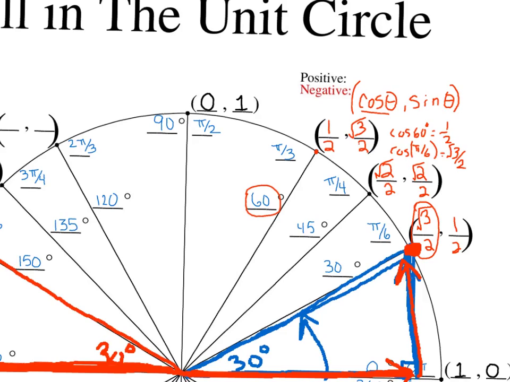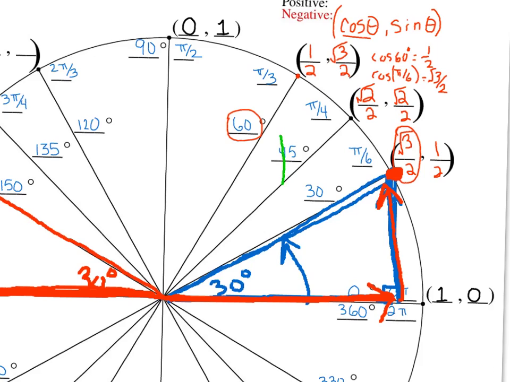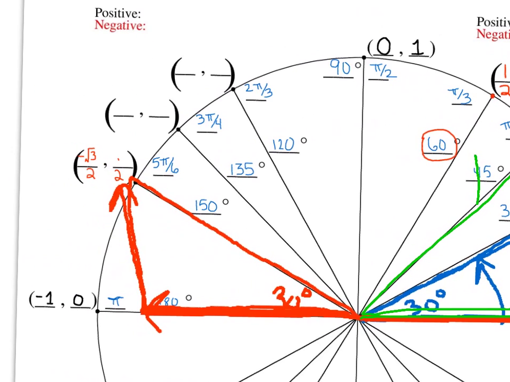If I take my 45-degree angle, which exists right here, and I say I went to the right, radical 2 over 2, and I went up, radical 2 over 2, well, if I mirror that exact same triangle on the left-hand side over here, I went left, radical 2 over 2, but I went up, radical 2 over 2.